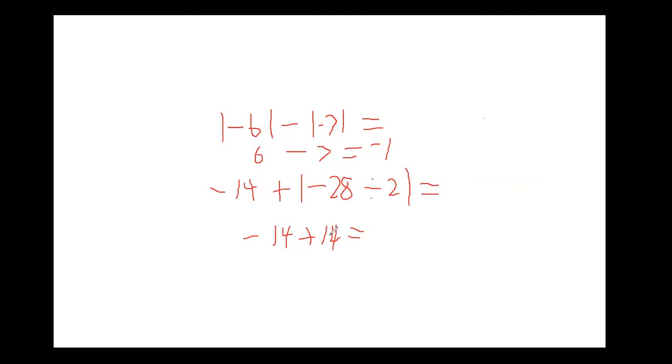Negative 14 plus 14 is a big fat, say it, somebody say it, 0. That's right. Big fat 0, and we're going to end on that. Thank you, Megan. We end on the big fat 0. Okay, that was a great way to end class with the big fat 0.